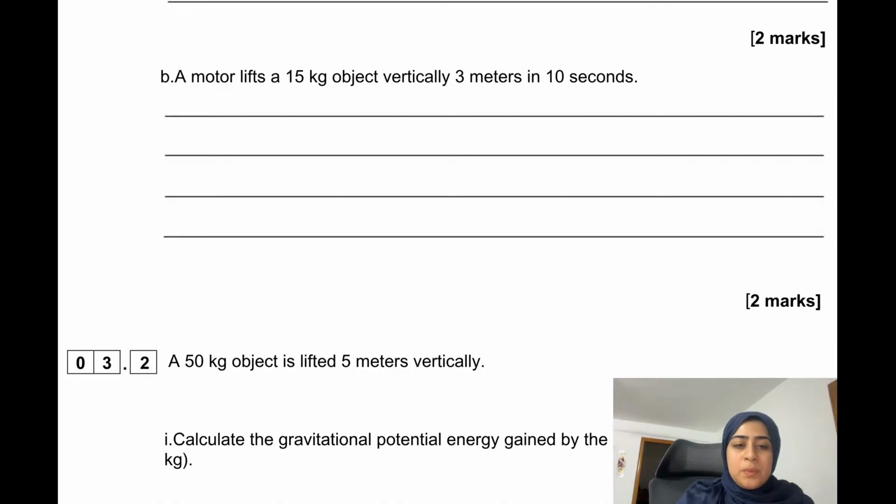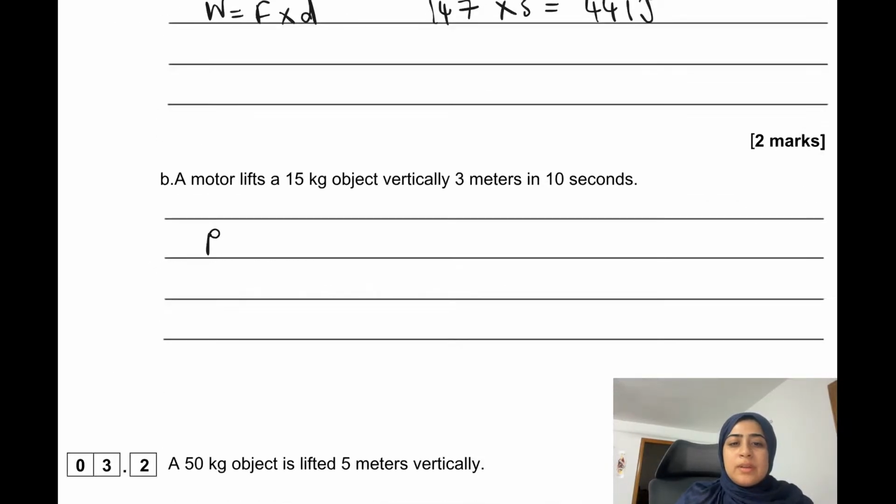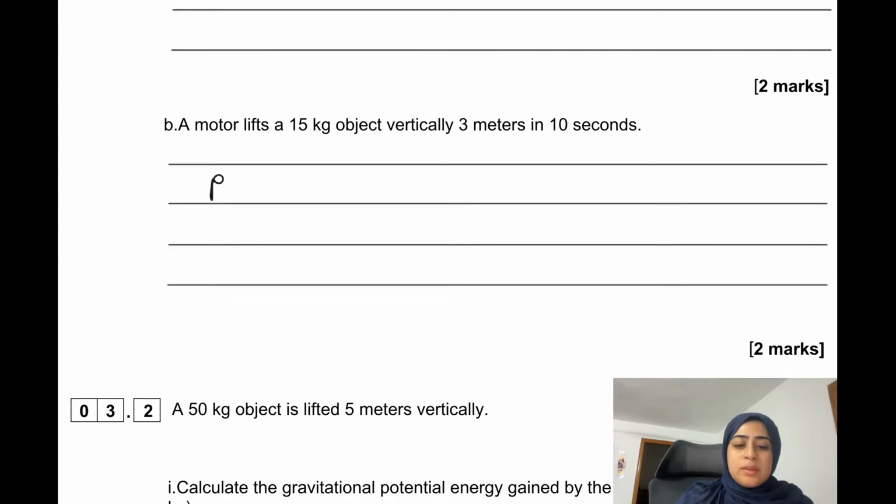So here we know that power... So we know we got the work done as 441, and we would divide that by 10 seconds because that would help us to get the power.